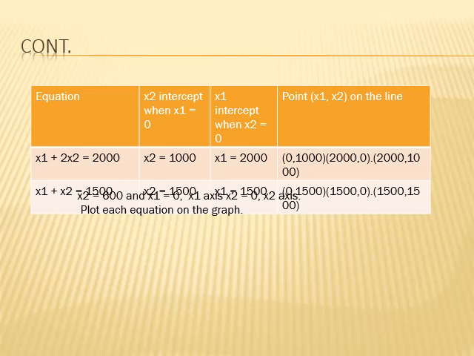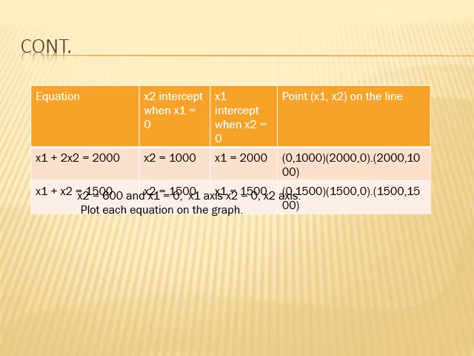x1 plus 2x2 equal 2000. If x1 equals 0, then the remainder is 2x2 equal 2000, so x2 equals 2000 over 2, which is 1000.